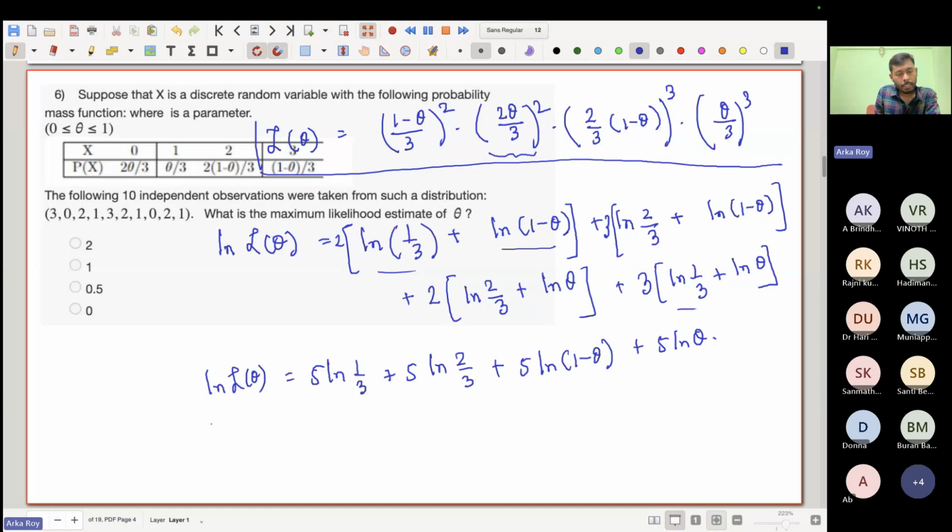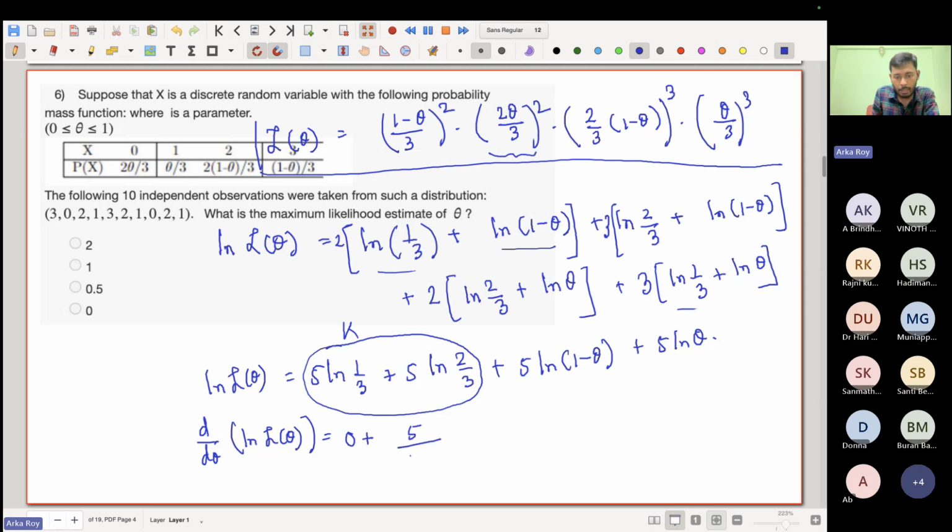So now you can take the differentiation d theta of ln L theta. Over here you can see that these are the constant terms, so I can write it as, let's say, k, and this would vanish. Then it would be 5 ln 1 minus theta, and we have to also differentiate this term 1 minus theta, which will basically give you a minus sign over here.